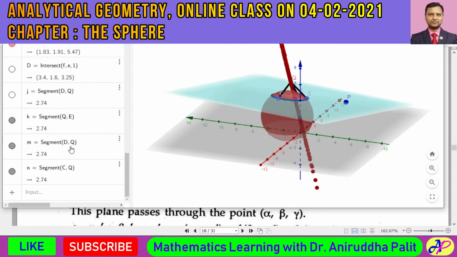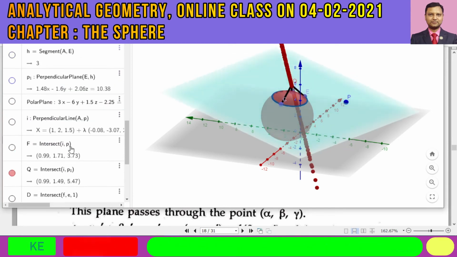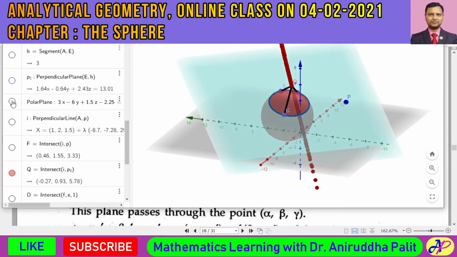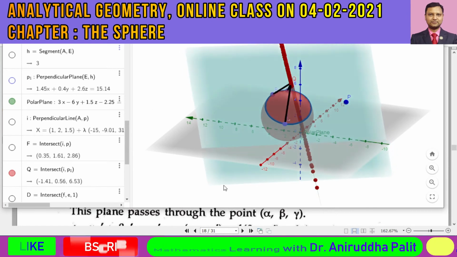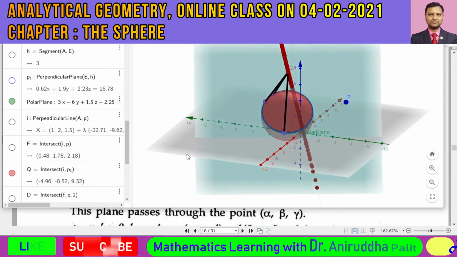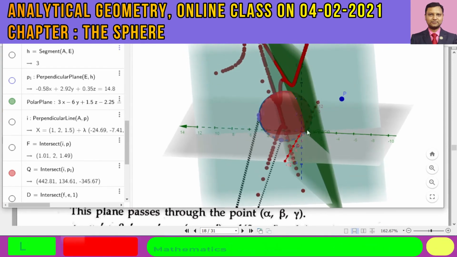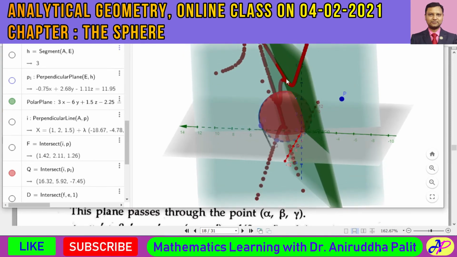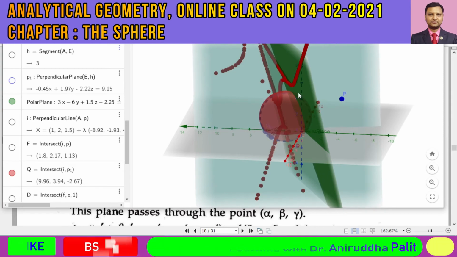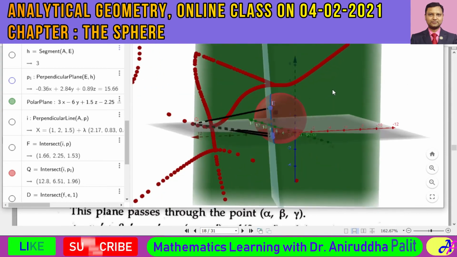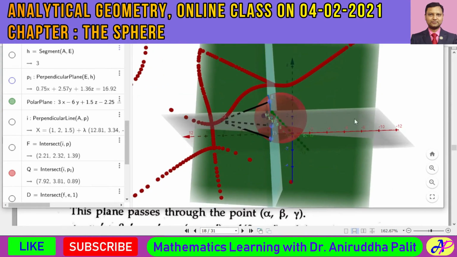So let me show you the particular locus of the point over here. Let me show you this plane. This is the polar plane over here. Now you see I am changing this position. Now you look at this picture. All this line that is actually the locus of the point Q, this locus will always lie on this green plane.